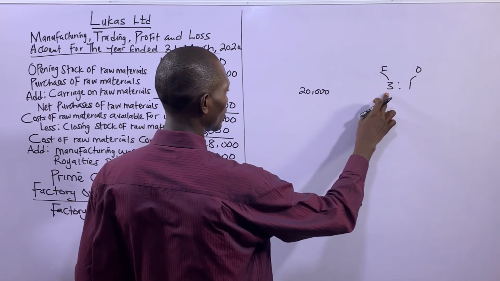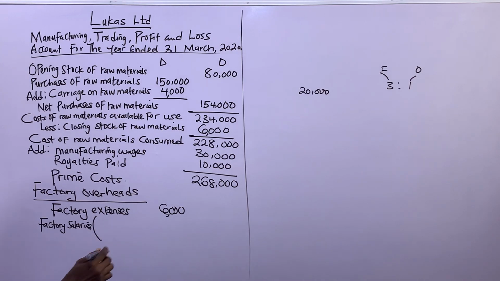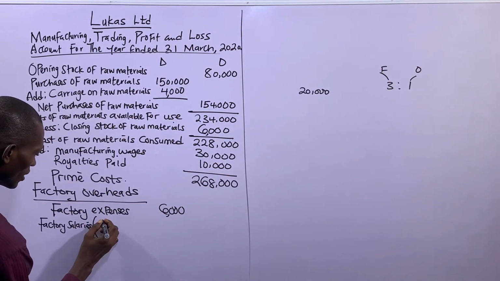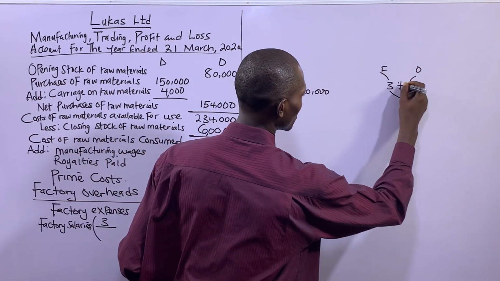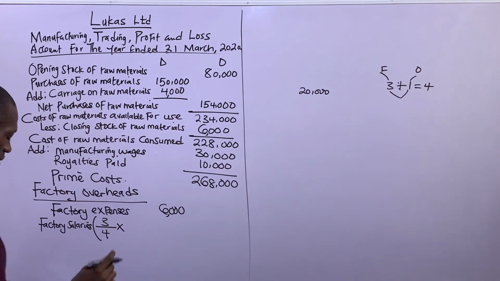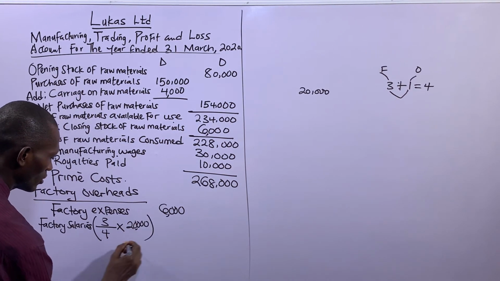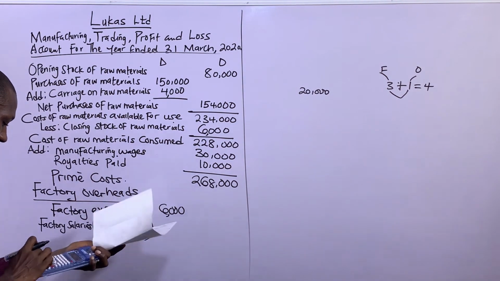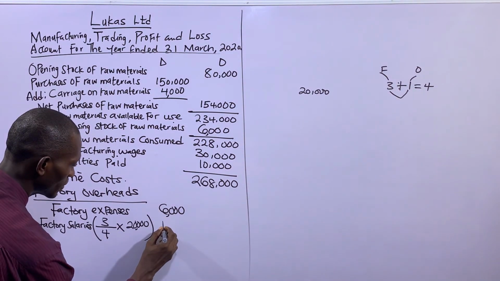To get factory salaries, we have 3 over, the total 3 plus 1 which is 4, times the amount to share, 20,000. So 3 times 20,000 divided by 4 gives us 15,000.